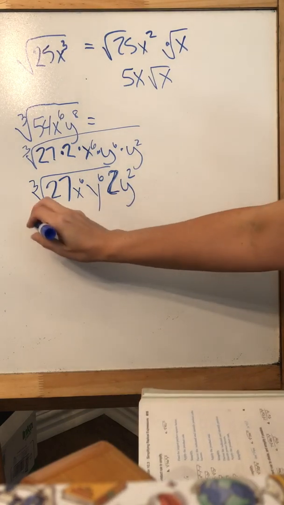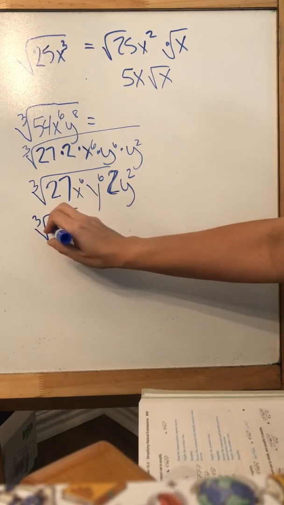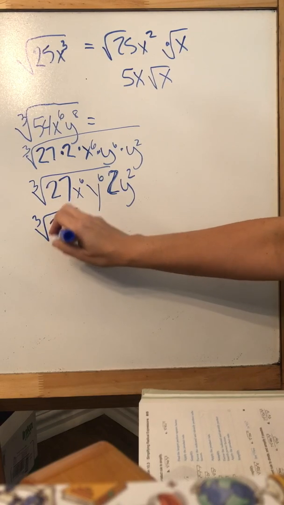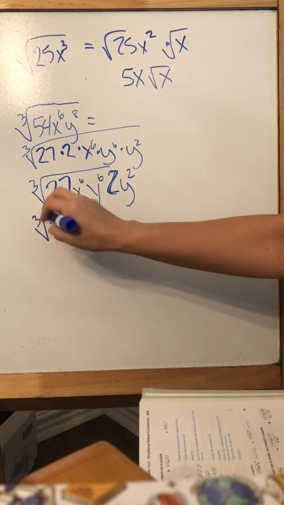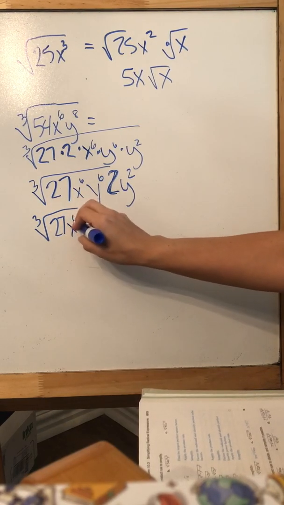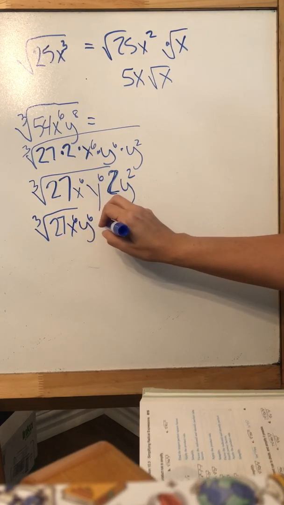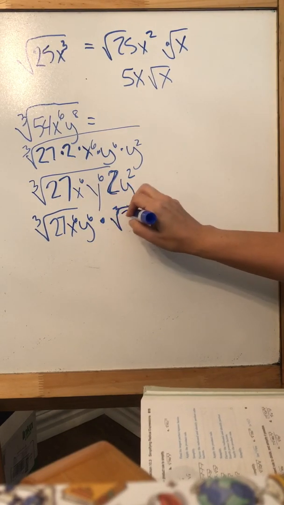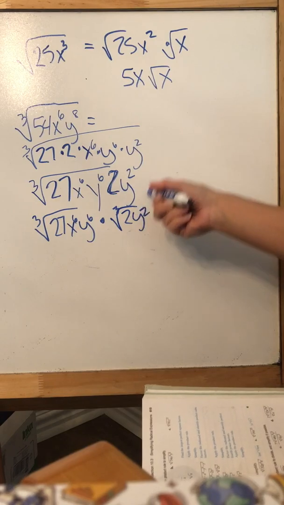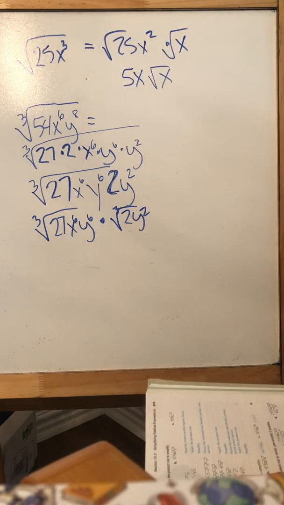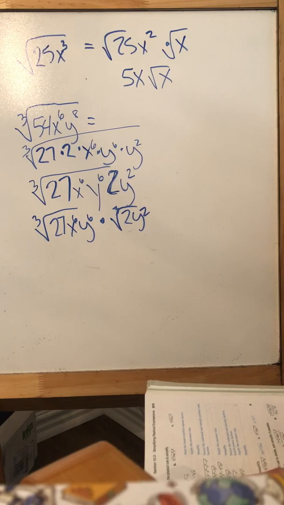So if we break that down again, we're going to have cube root of 27, x to the 6th, y to the 6th, times the cube root of 2y squared. This is the same process that we were doing up here and on previous examples. We just have more variables this time.